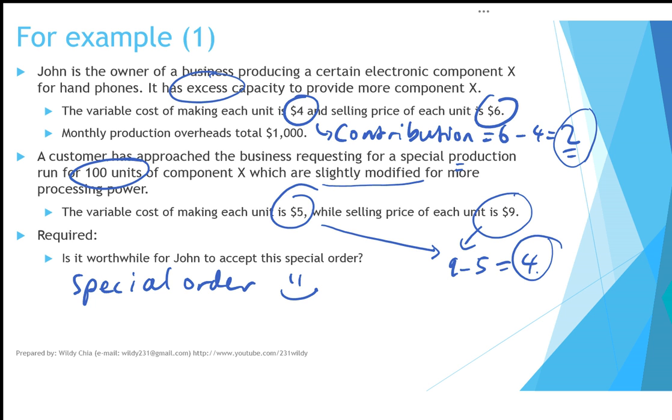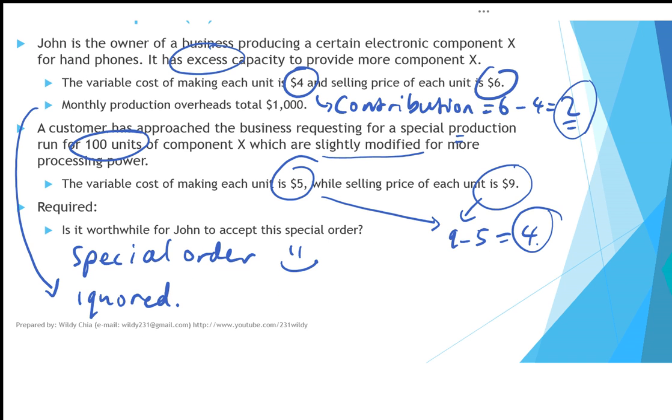Now you notice at this juncture I have actually ignored the production overheads. Why? Because for short-term decision making, production overheads are not relevant costs. Whether an order is accepted or not, the overheads still occur.